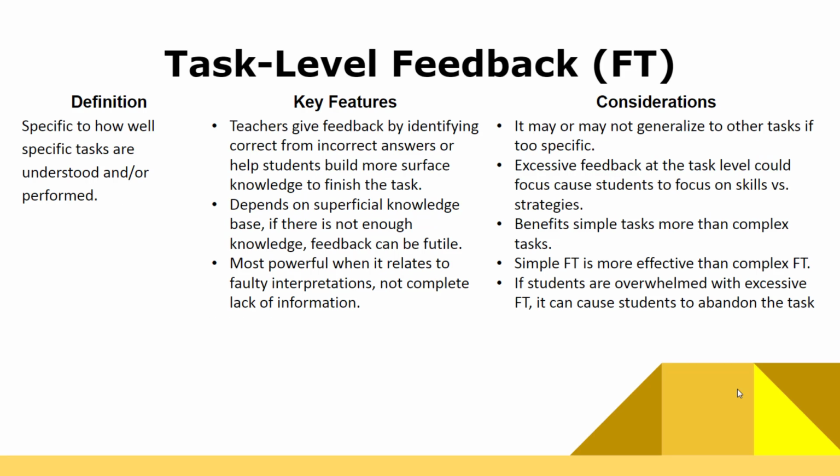What's better than self-level feedback is task-level feedback. And task-level feedback might be things that are good for one particular task. So if you're a math teacher, a lot of times students will, what we call, drop a negative. Sometime during their mathematical thinking, they will forget to carry a negative number, and their final answer comes out completely incorrect.